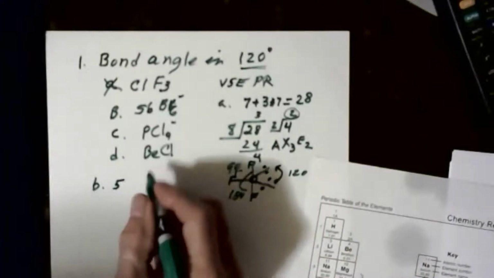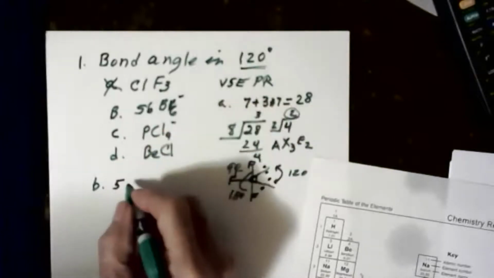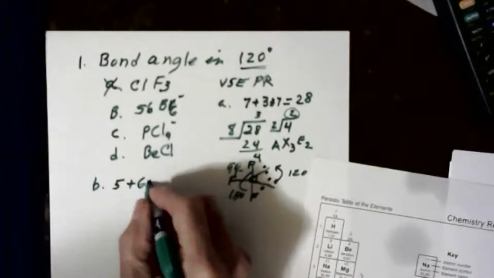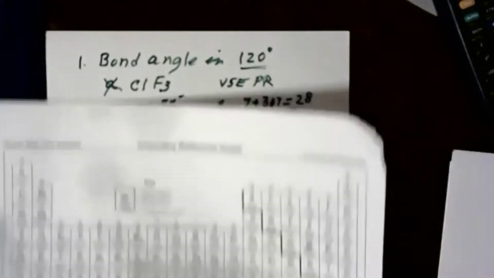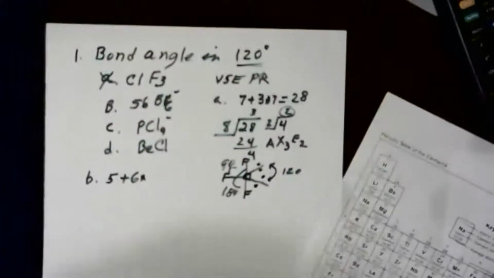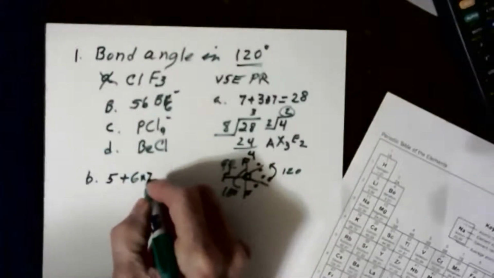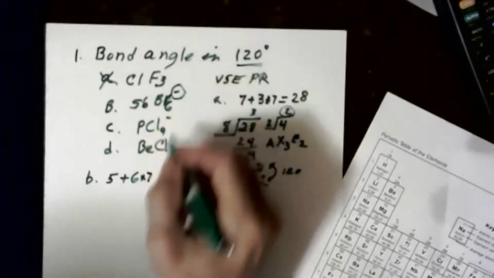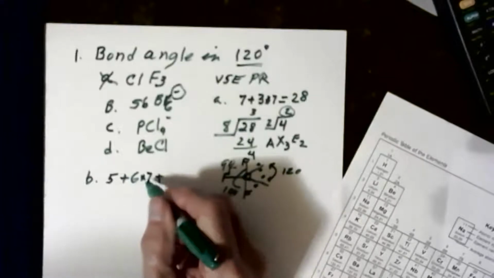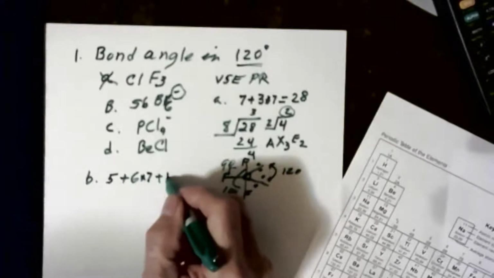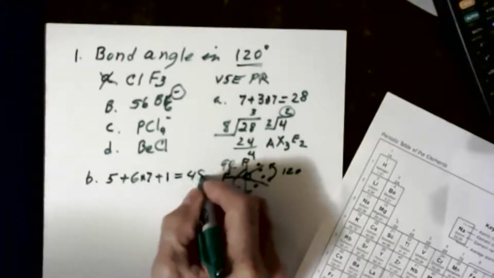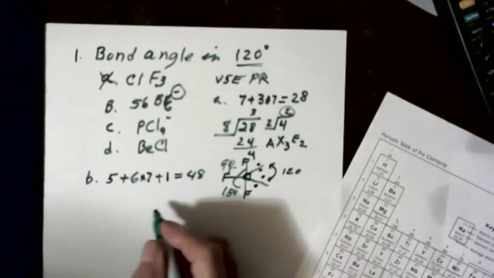There are 6 bromines, and bromine is also in group 7, so it has 7 valence electrons times 6. And then this carries a charge, so I'm going to add one more. 6 times 7 would be 42, plus one more would be 43, and 5 would be 48. So I've got 48 electrons.